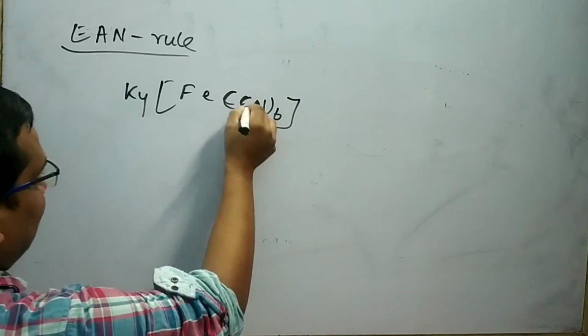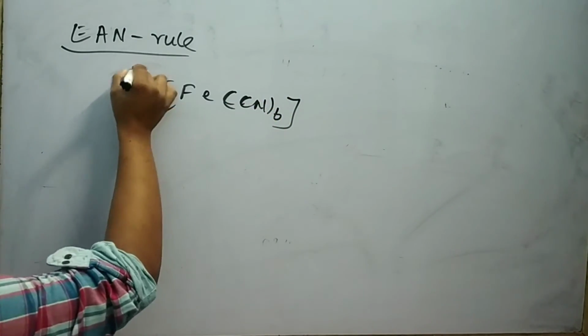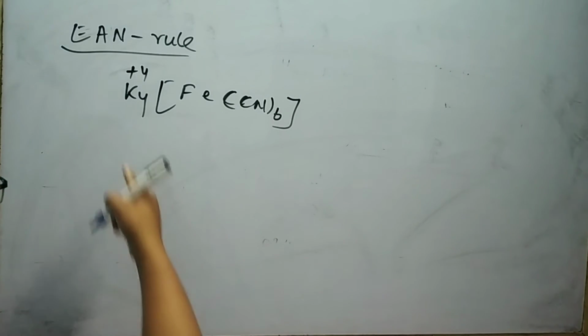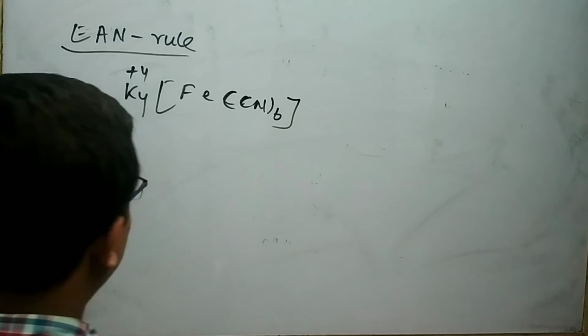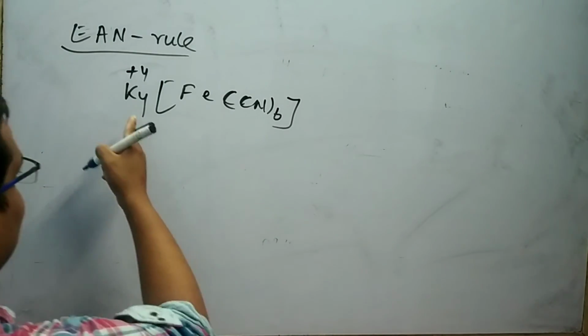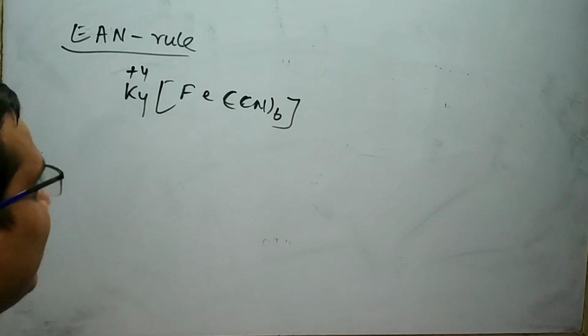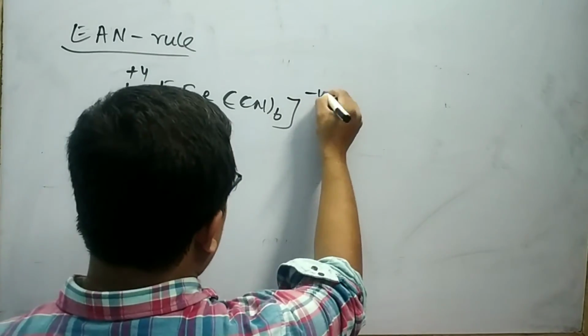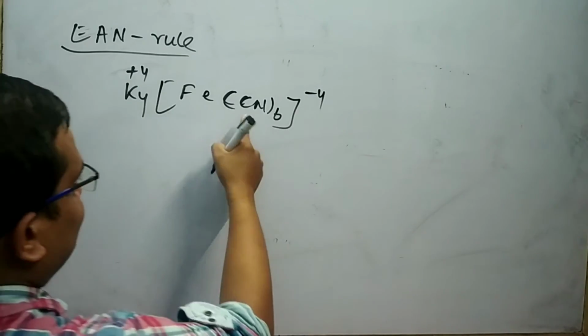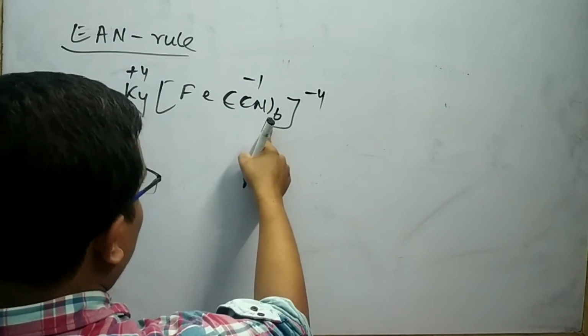K4[Fe(CN)6]. Here I can write +4. There are 4 K plus present. We know that each K plus ion having charge +1. That means 4 K plus ions having 4 plus. Then it is bound to write here -4. We know that CN having charge -1. There are 6 CN.